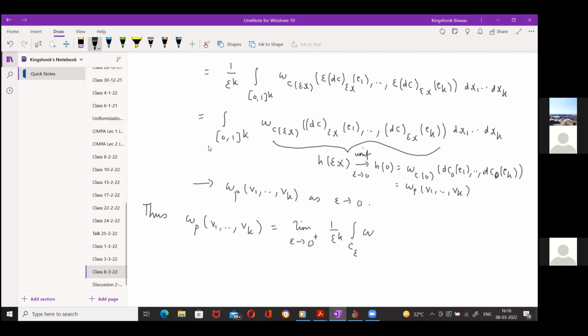So what do we get as a corollary? Corollary: if omega is an element of Omega^k(N), then the integral of omega over C is 0 for all k-cubes C if and only if omega is 0.